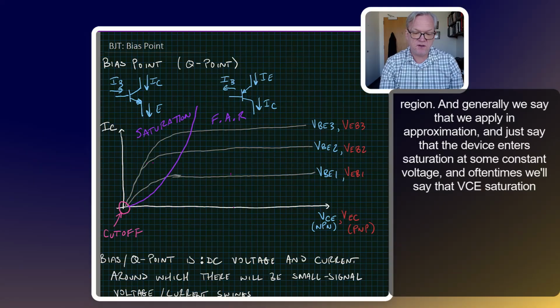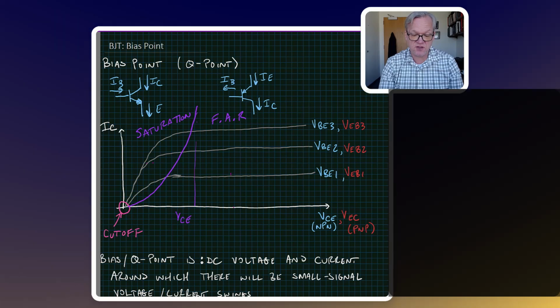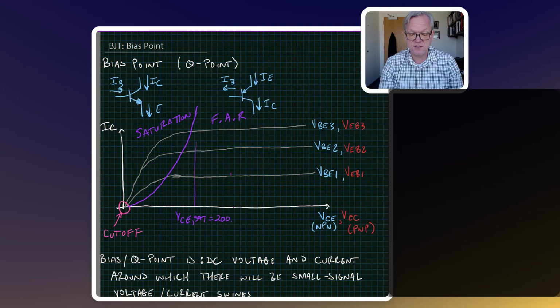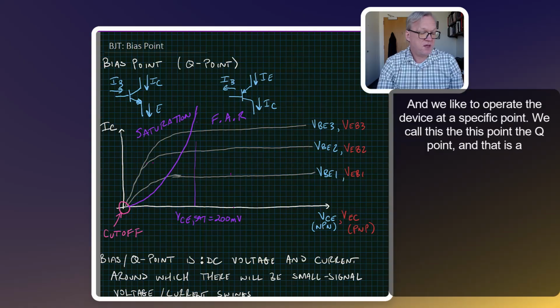And generally, we apply an approximation and just say that the device enters saturation at some constant voltage. And oftentimes we'll say that VCE, saturation, is equal to 200 millivolts. But you'll note that that is an approximation that we use. And we like to operate the device at a specific point.